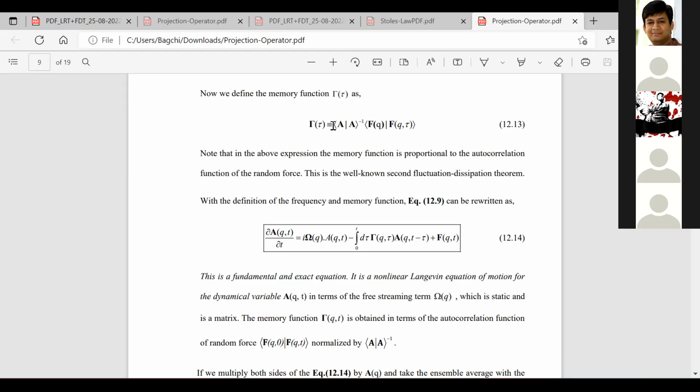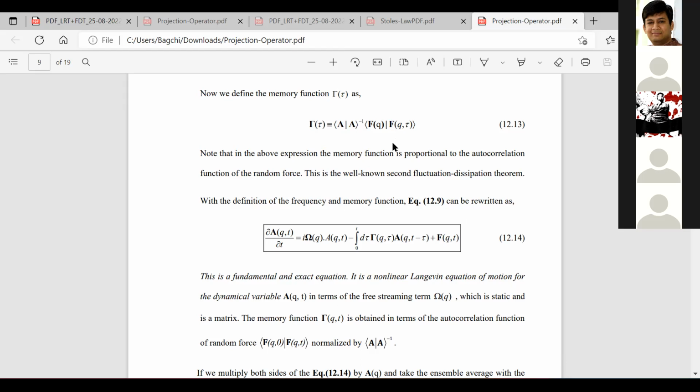So this is the Langevin equation, because this is the friction, this is the random force. So friction and random force are connected. This is the second fluctuation dissipation theorem of Kubo, which is through Langevin dynamics.